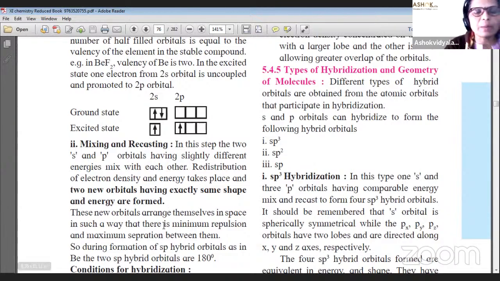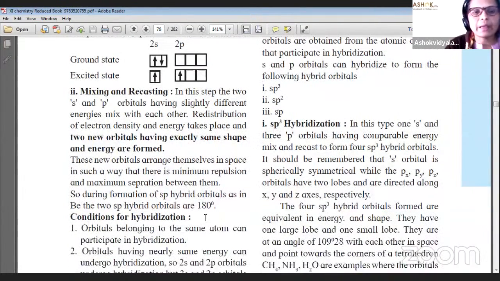These new orbitals arrange themselves in space in such a way that there is minimum repulsion and maximum separation between them. So during the formation of sp hybrid orbitals, as in case of the beryllium, the two sp hybrid orbitals are at the bond angle 180 degrees.